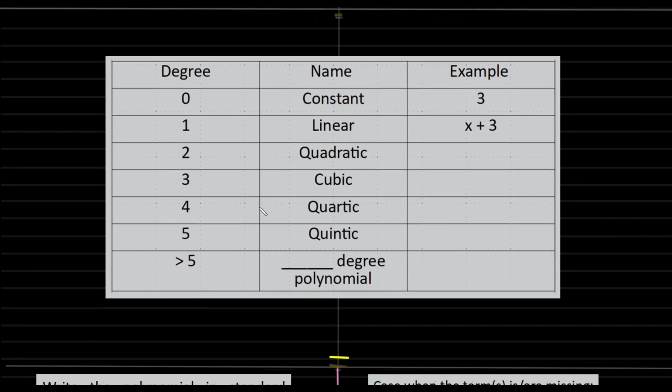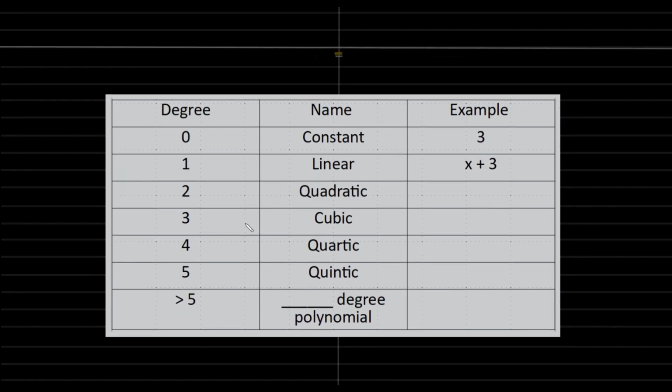Once we understand this is the degree, the next thing is naming them. An expression which has a degree 0 is called a constant. Examples: 3, 10, root of 26. All these have degree 0 and they are known as constants. If you look at an expression with the degree being 1, it is known as linear.